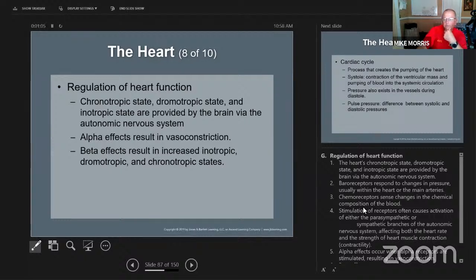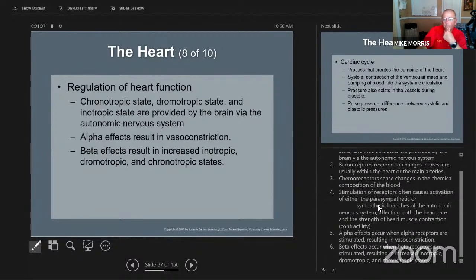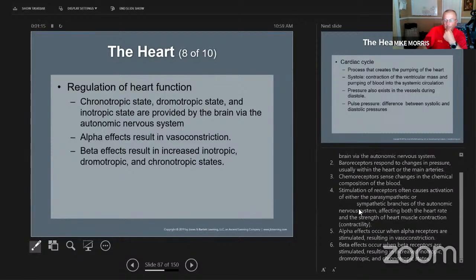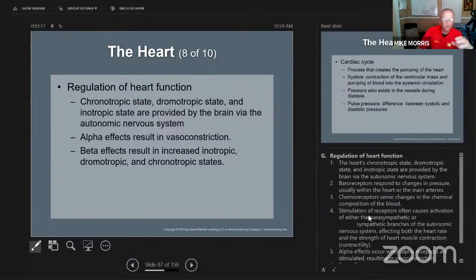Okay, let's see here. All right, so when we're talking about the baroreceptors, we start dealing with the nervous system, don't we?